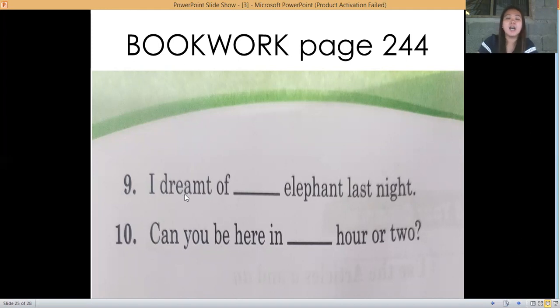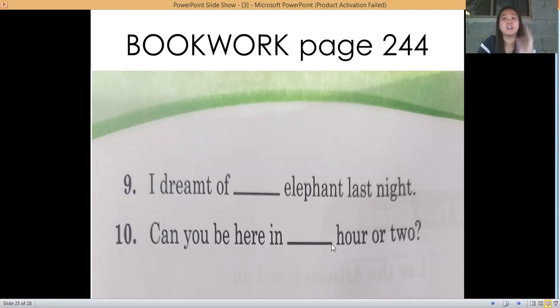Number nine, I dreamt of blank elephant last night. Is it a or an? Next, number 10. Can you be here in blank R or two?